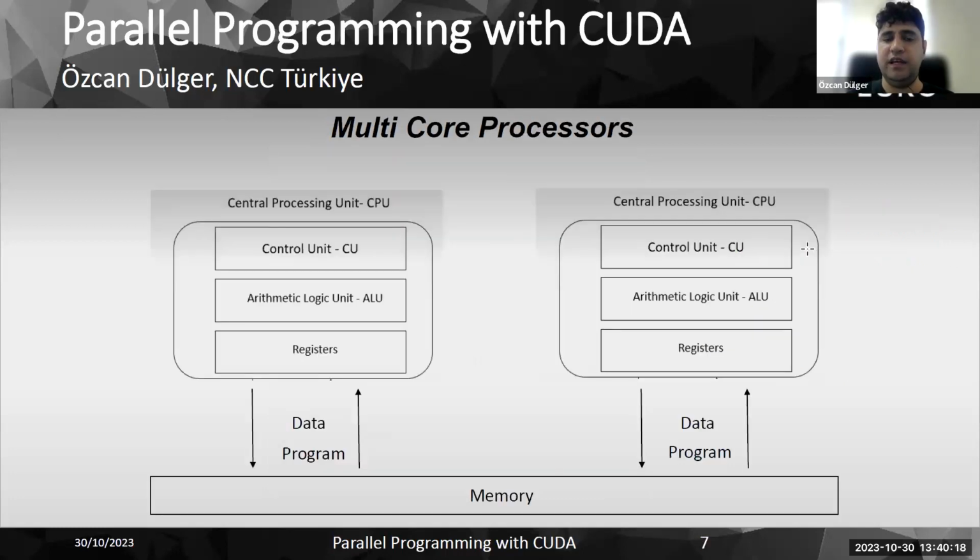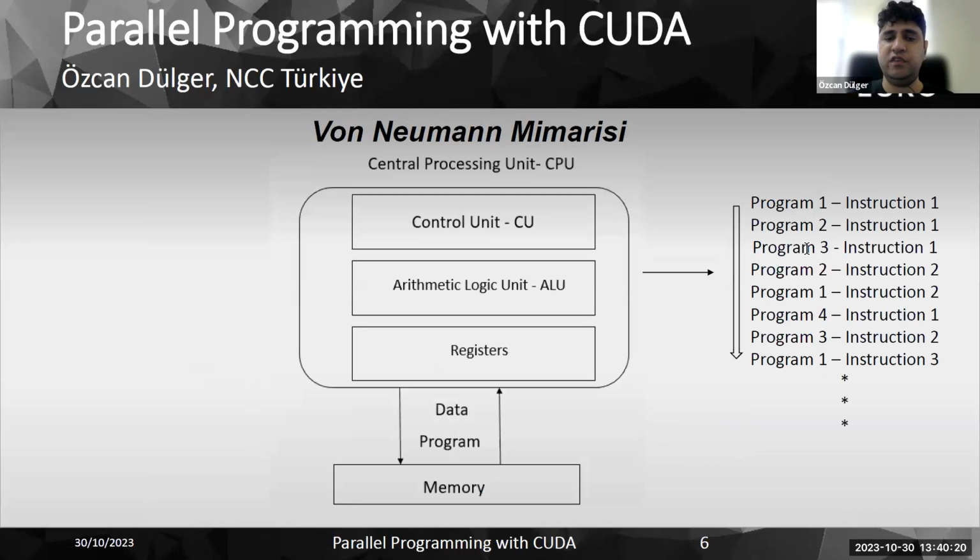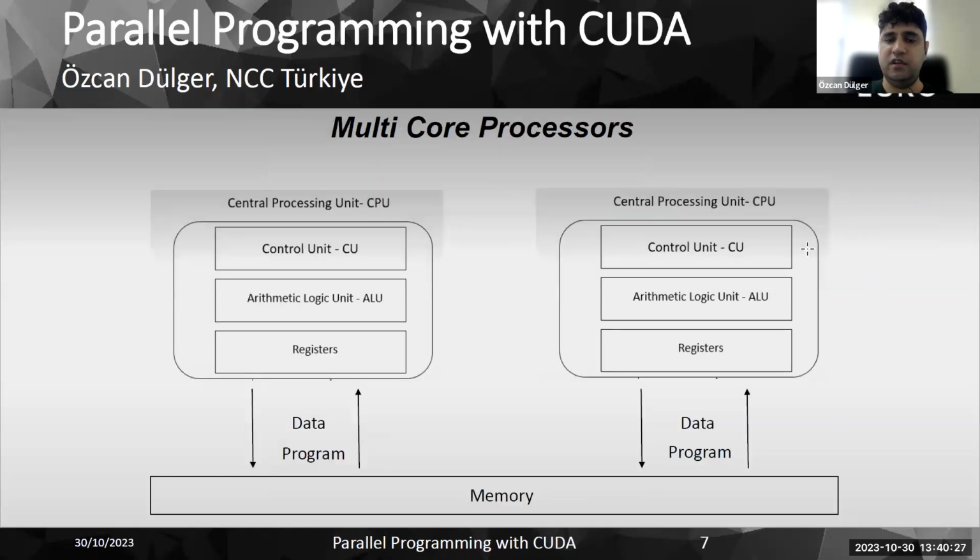And later on, a single processor is not sufficient for the computation of the programs. And the multi-core processors were provided, and these processors share a single memory here, as you see.